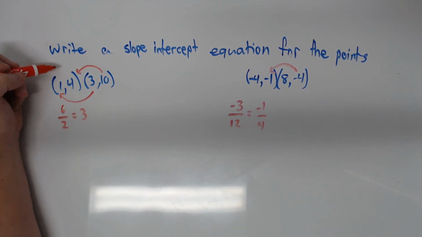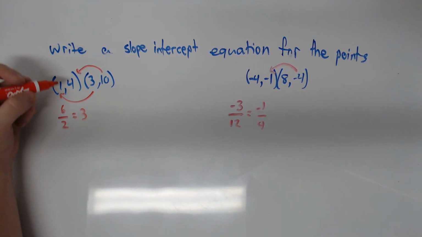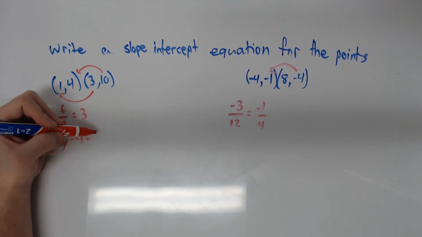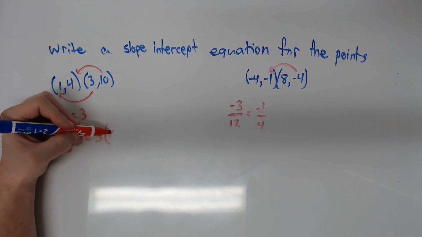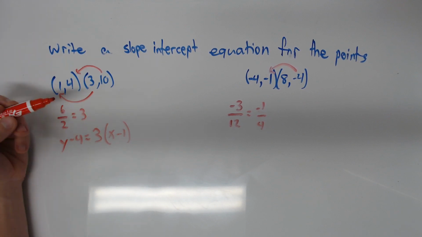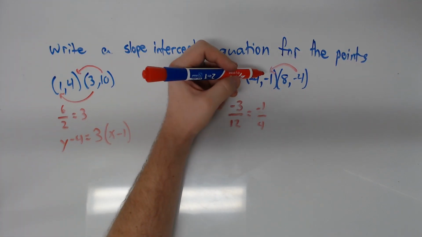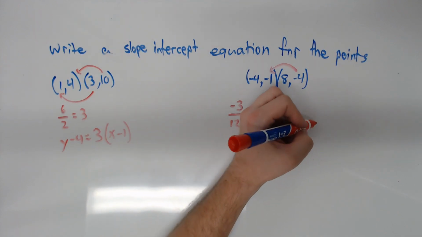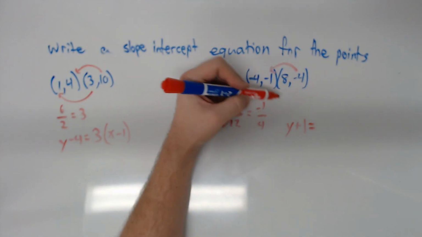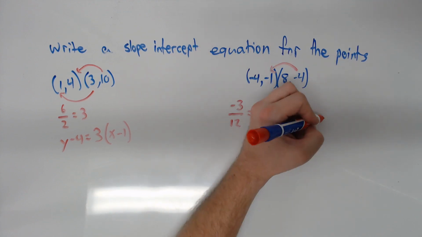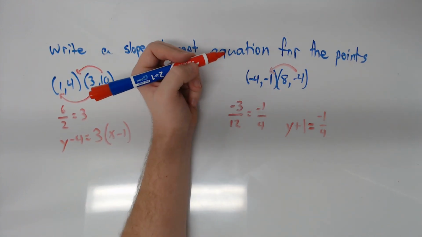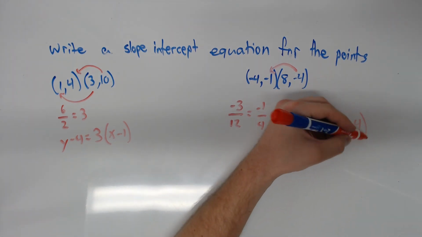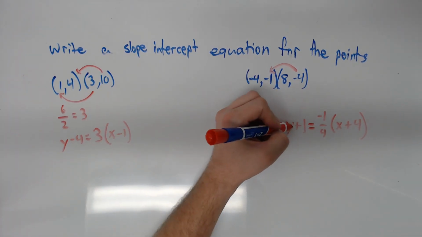Over here, I'll use the first point for both of them. Y minus 4 equals my slope 3, x minus 1. Over here, y plus 1, remember subtracting a negative is going to be plus, it would be y minus negative 1. I've got negative 1/4, x plus 4.